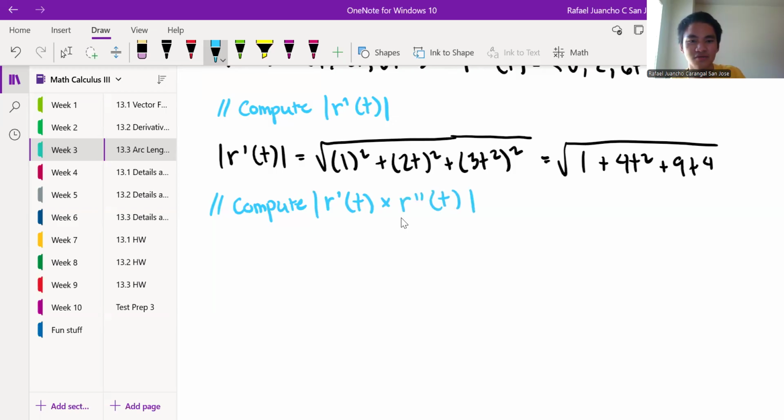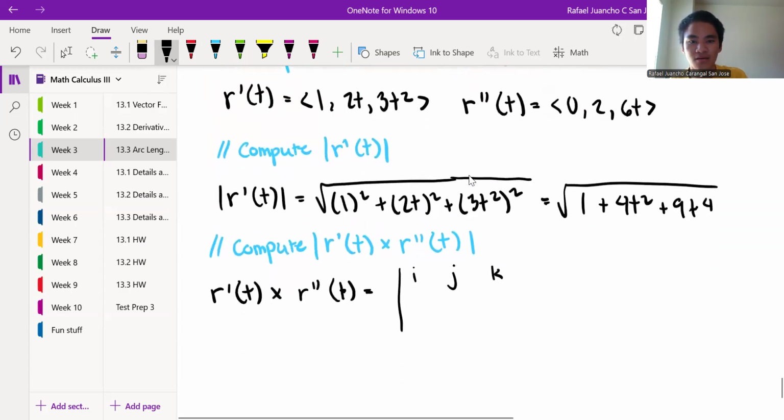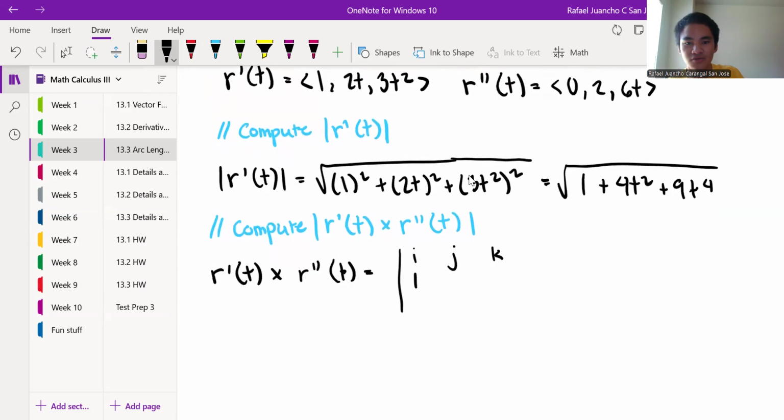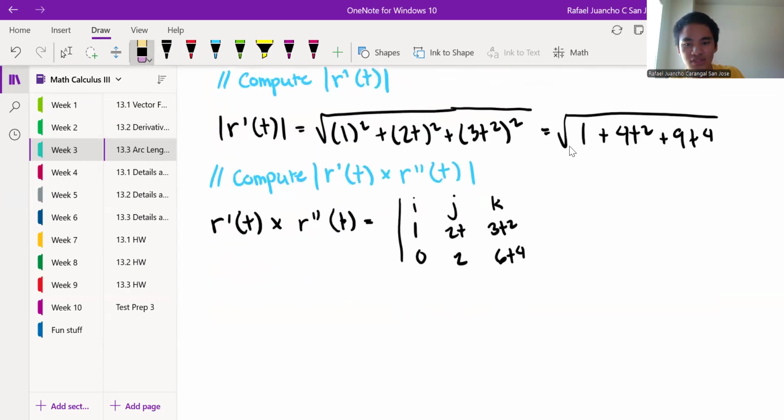Okay, so let me do one step at a time. Okay, I get i, j, k. R prime gives 1, 2t, 3t squared, and r double prime gives 0, 2, 6t. And here I just get a new vector and then get that magnitude.